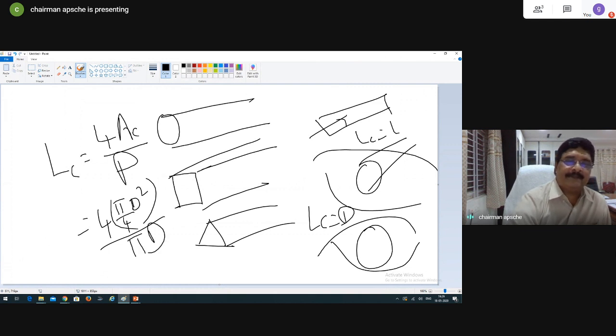Pi d is the perimeter. So 4 into area of cross section divided by perimeter: 4 gets cancelled, pi gets cancelled, LC is equal to D.